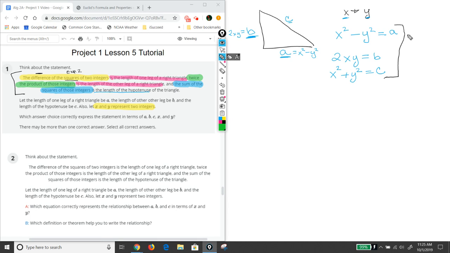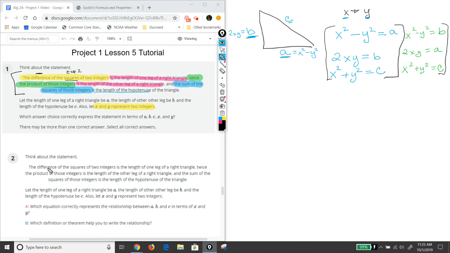We could have had an x squared minus y squared equaling B, the other leg, which would have left 2xy equaling A. So we could have swapped A and B, but x squared plus y squared always has to be the hypotenuse, which in this case we labeled as C. So here are your 2 correct responses that you're trying to match in number 1, in the blue and the green. Okay, so that's question number 1.